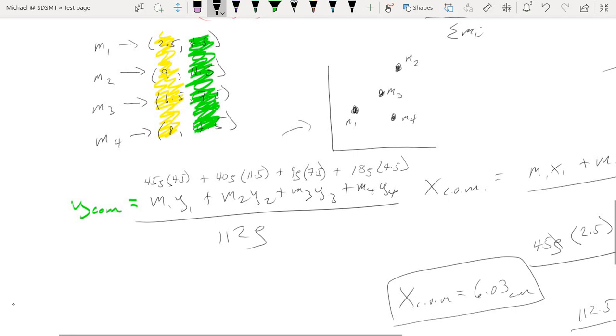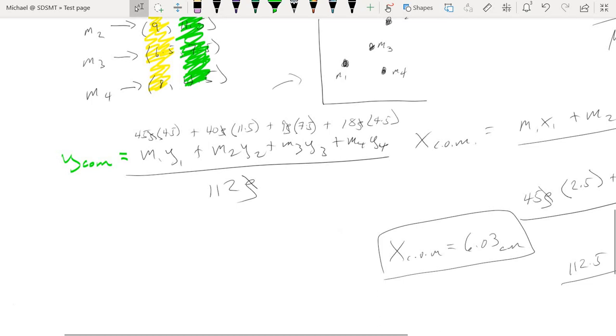So again, we have rho with each term on the top. We have rho with the term on the bottom. And I'm getting 202.5 plus 460 plus 67.5 plus 81, all over 112.